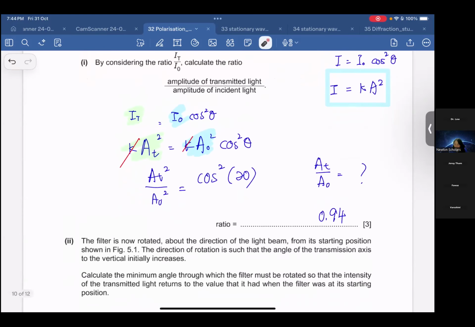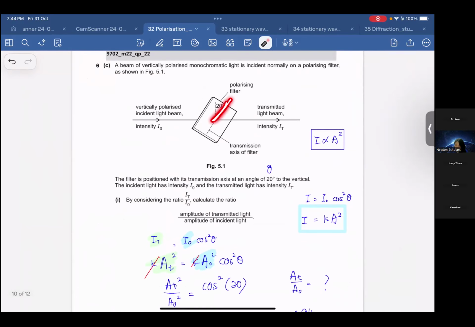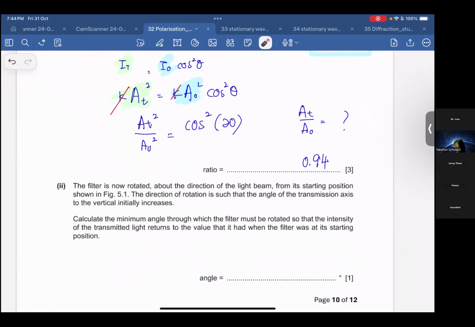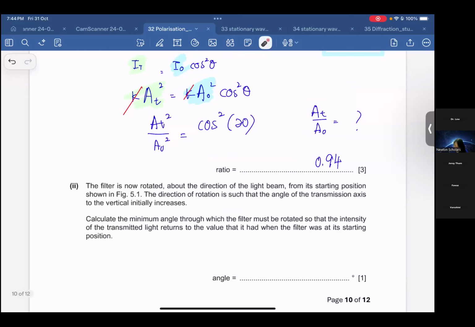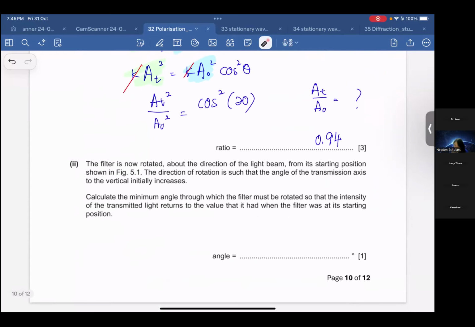Now here, the filter now is rotated. It continues to rotate about the direction of the light beam from its starting position. So this is the starting position. The direction of rotation is such that the angle of the transmission axis to the vertical initially increases.